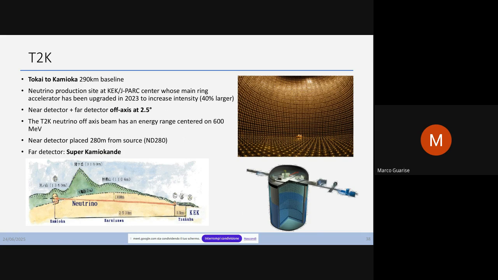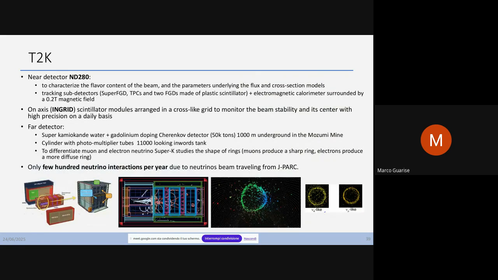This is the Super-Kamiokande detector, which is the far detector, a very large vessel a few tens of meters in diameter and height, which contains 50 kilotons of water, a kilometer underground. They also have a near detector placed near the neutrino source.